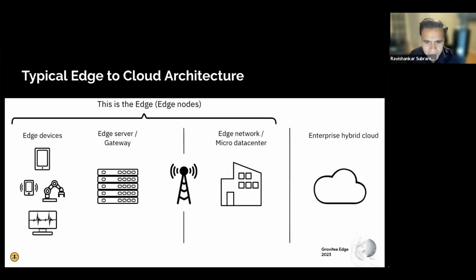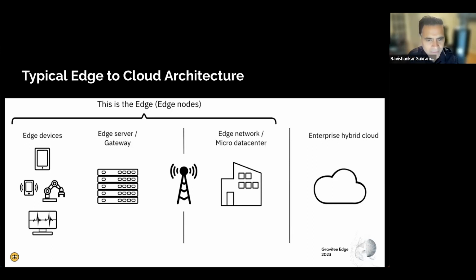This is a typical edge to cloud architecture that we see, where on the left you have edge devices. You have the robots, you have mobile devices, you have other kinds of sensorized devices that are generating data, and then all that data comes into some kind of edge gateway or a server that has the capacity to process some data.